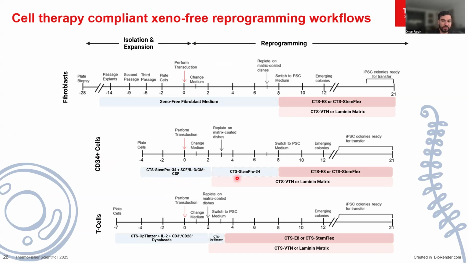We can use a CTS version of the StemPro-34 media that is specifically geared towards the culture and support of hematopoietic stem cells or CD34 positive cells, right? In this case, we also have a CTS version of the Essential 8 media that you need to reprogram with as well. So keep those little things in mind, just in terms of what reagents you're using and what's best for your particular downstream applications.